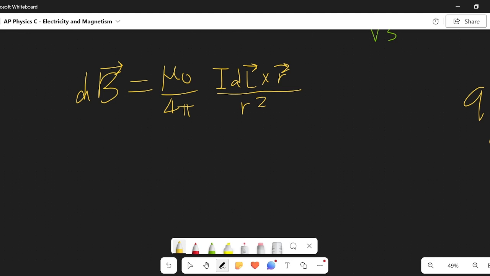So if we use the Biot-Savart law, essentially, if we have a wire like so, a dl could be an infinitesimally small portion of the wire.